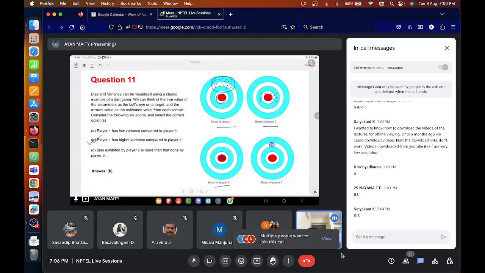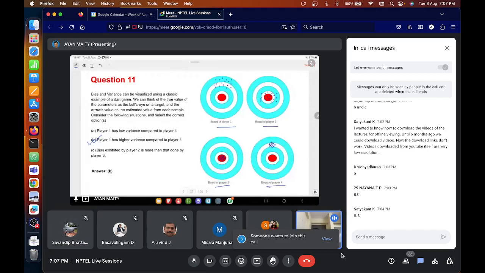All the points are very much off the actual target value, so bias is high. Bias means basically the expected error of your predictions. And variance is high because the points are very spread out, not concentrated in a small region. That's why both bias and variance are high for player 1.